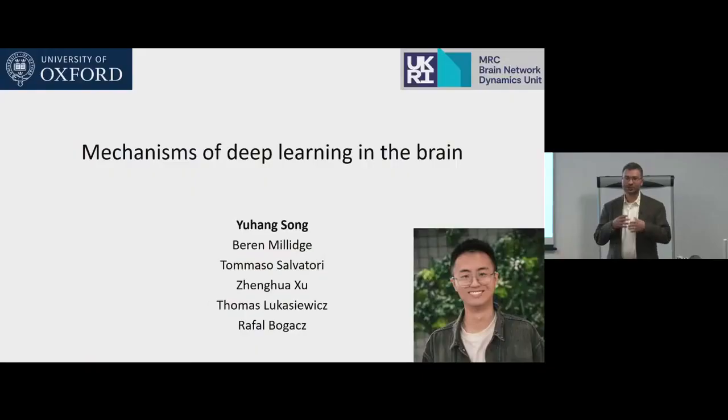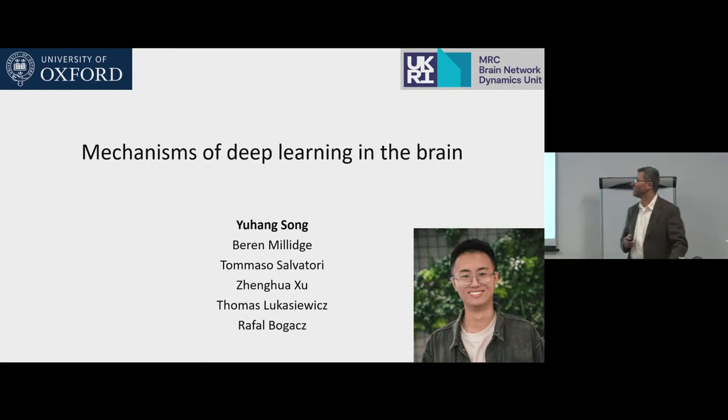The research in my group is trying to understand the mechanisms of learning in large and deep networks of the brain. And the work I will present today was led by talented postdoctoral researcher Yu-Hang Song. To understand learning in the brain, it's useful to compare it with learning in artificial neural networks, because thanks to the success of deep learning, the artificial ones are able to learn very effectively, and we actually understand how they work because we designed them.